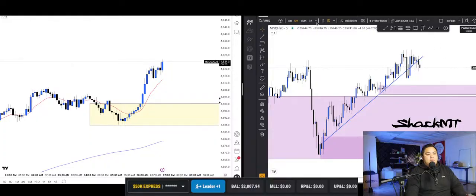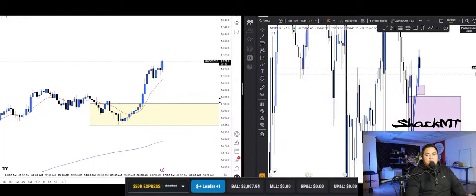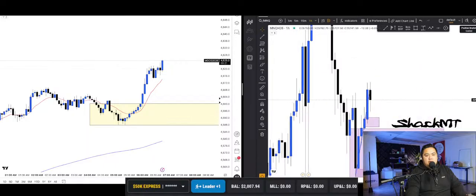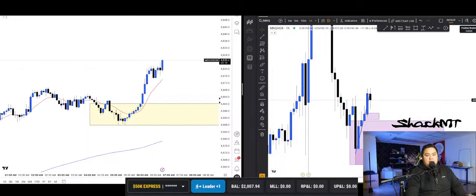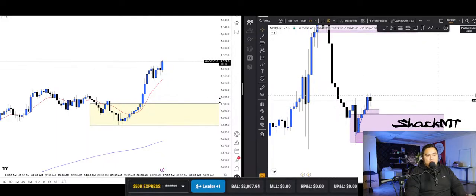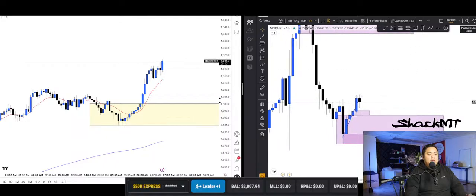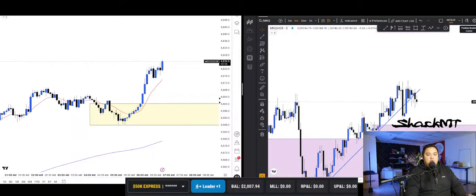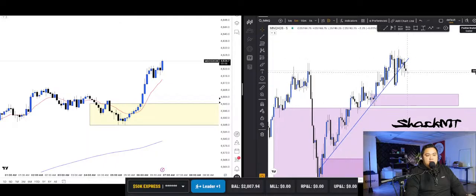All right, so obviously we are on a downtrend for the last 1, 2, 3, 4, 5, 6, 7, 8, 9, 10 hours that the market has been open. So there's going to be some shorts coming in, which is fine.